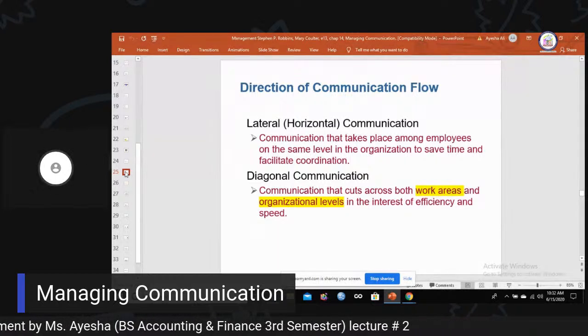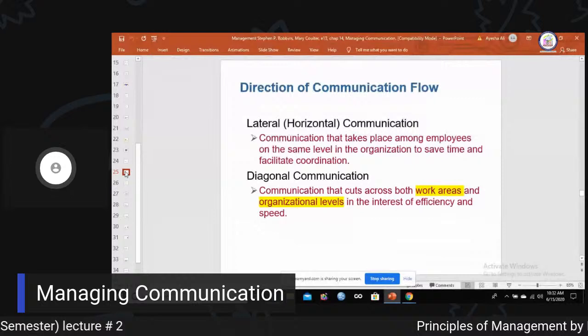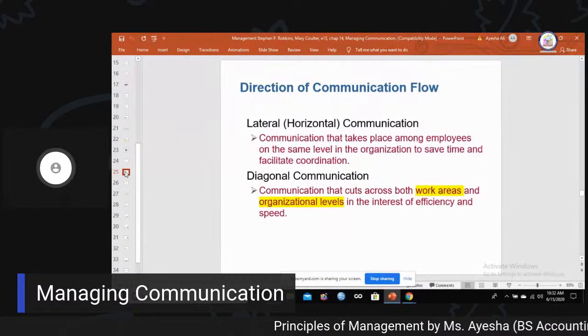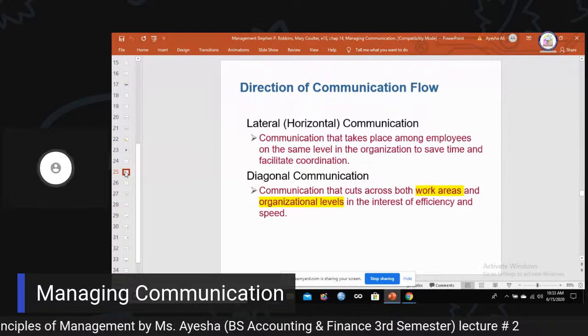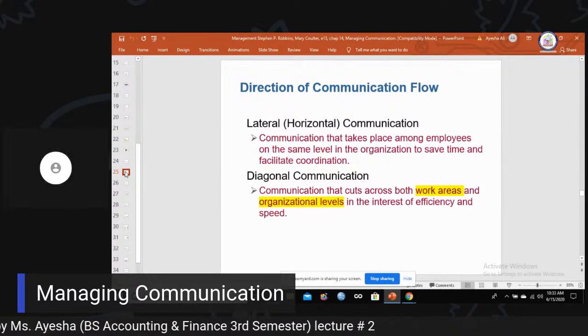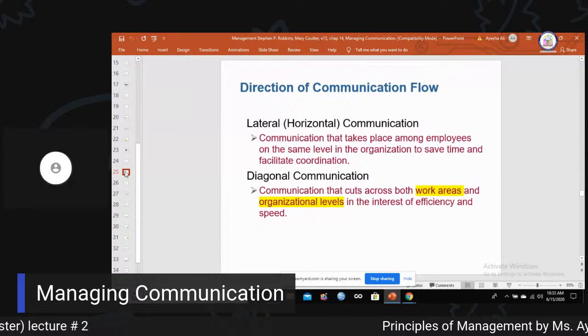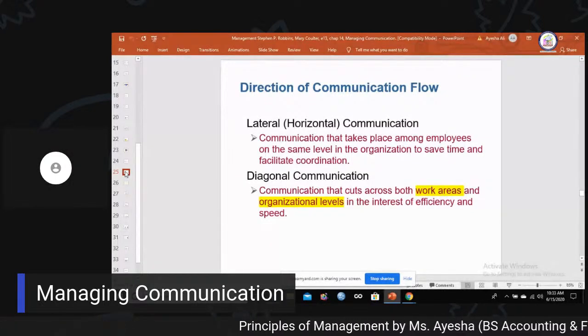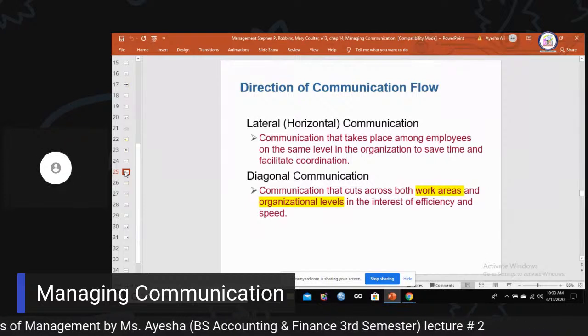For example, if we take the example of nurses, the day shift nurses come at 7:30 for a half hour meeting with the night shift nurses, and the night shift nurses leave at 8.